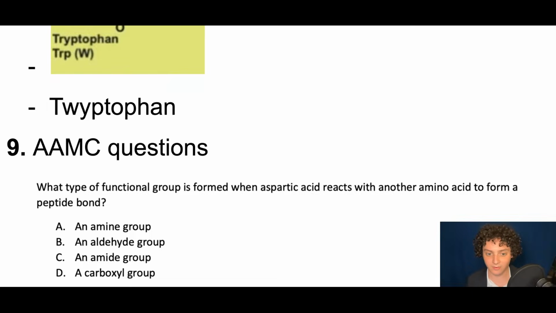So what type of functional group occurs when aspartic acid and another amino acid form a peptide bond?